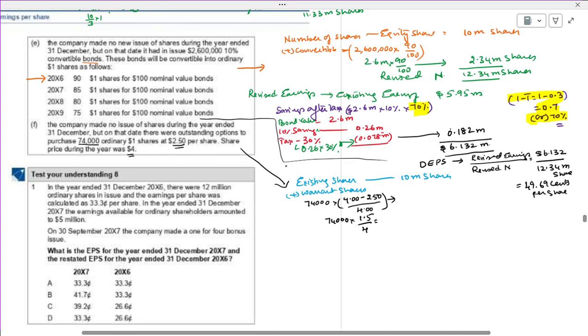How much will you get? 27,750. That means 0.0275 million shares. Are you clear about this?